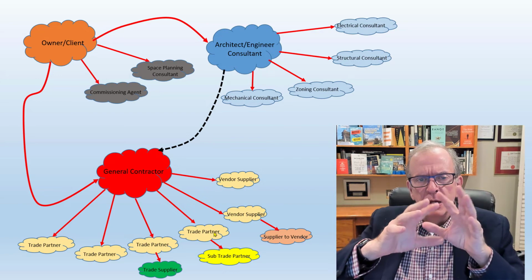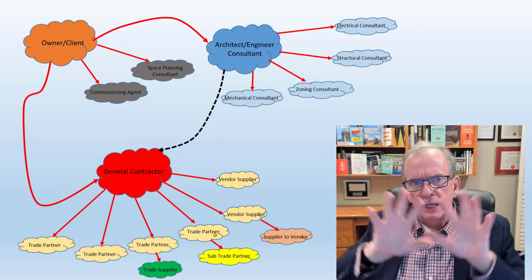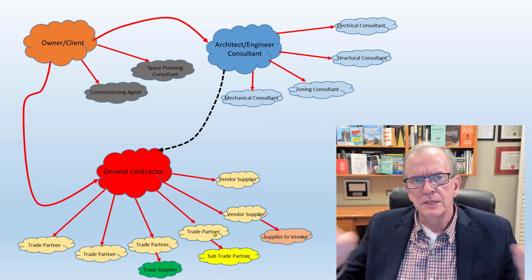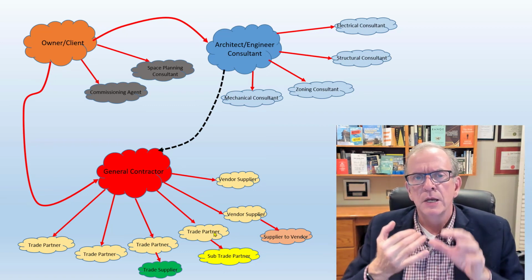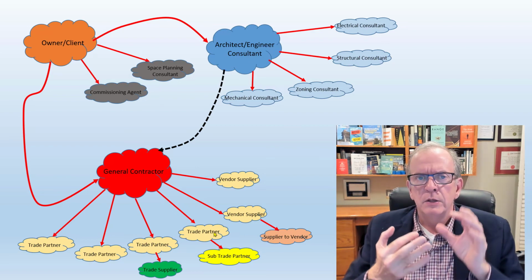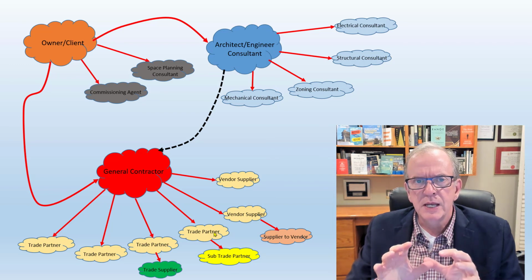So you can start to see how this starts out with three major parties, but then there's a lot of other businesses that are involved, from material suppliers to trade partners to consultants to planning consultants and commissioning agents.